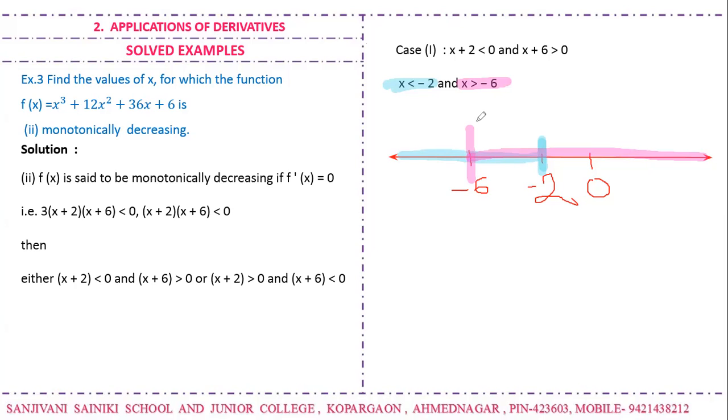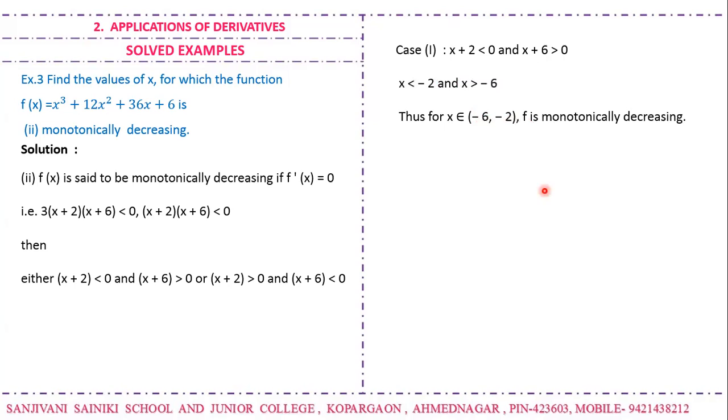Obviously this part is common. This is the common solution, so the common region is the open interval minus 6 to minus 2. In that interval only the function is monotonically decreasing.